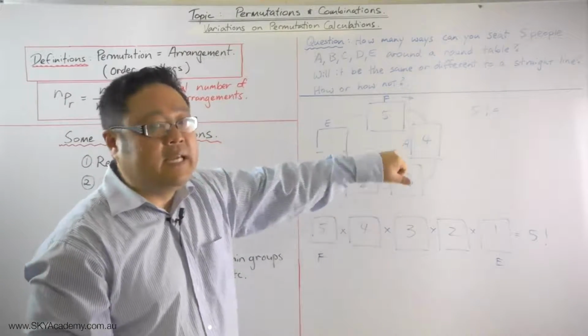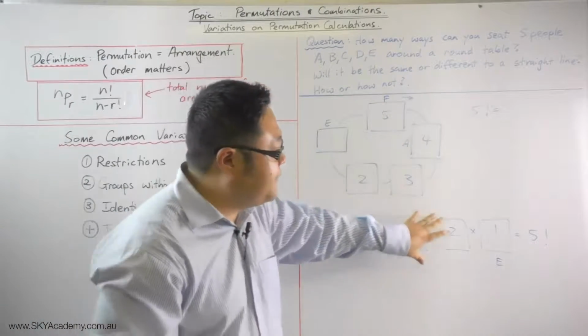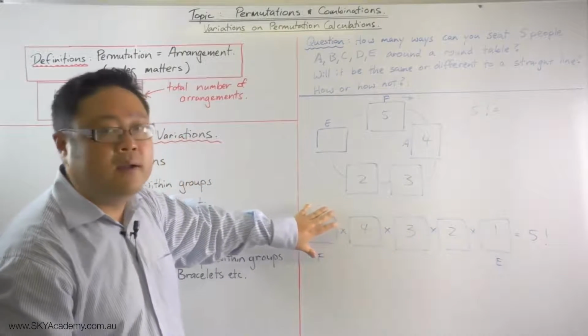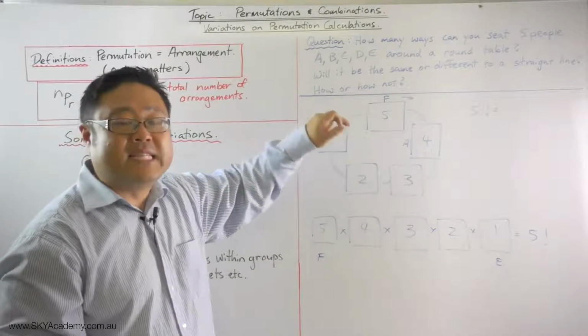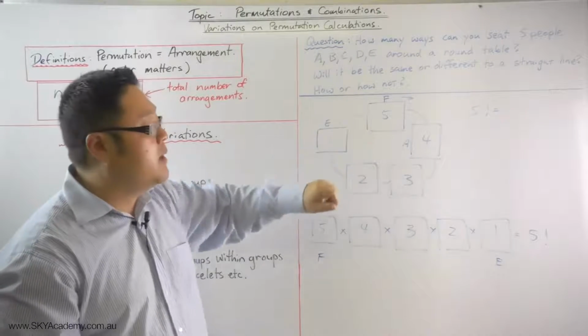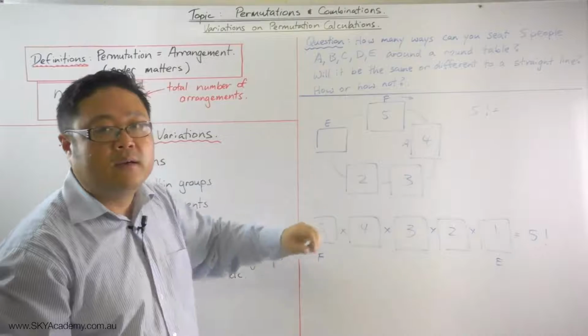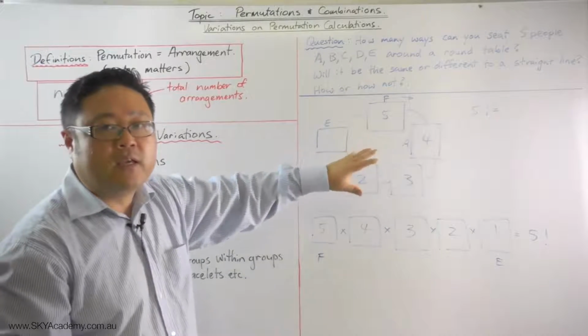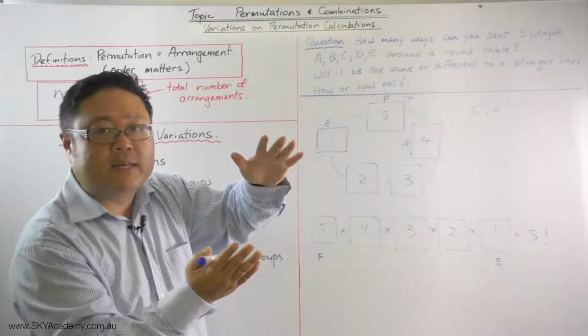That would be considered a totally different arrangement in a straight line, but it would still be considered the same arrangement in a circle. It's just that you would visually see the arrangement differently, on a slight angle. Does that make sense?